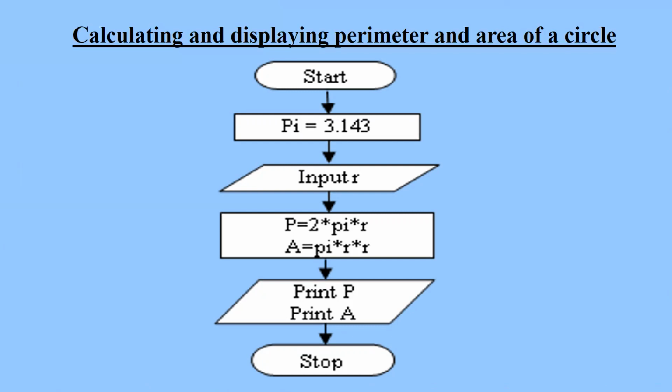Then we display the perimeter and display the area. So we use the parallelogram because that's an output operation. We are outputting perimeter P and outputting the area A. And then that becomes the end of that algorithm. And therefore, we stop. Good.